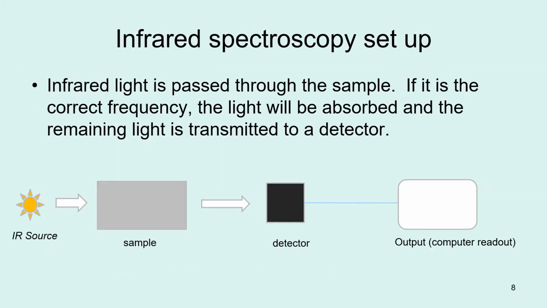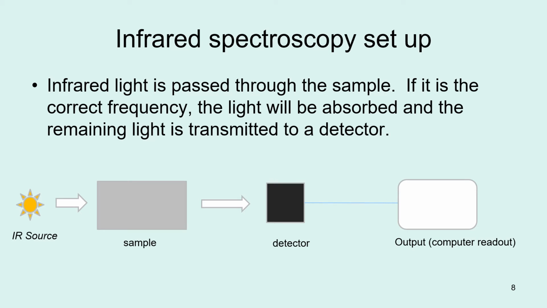Okay, so this is kind of the basic setup of any kind of spectroscopy, actually, depending on what the source is. In this case, this would be an infrared source.